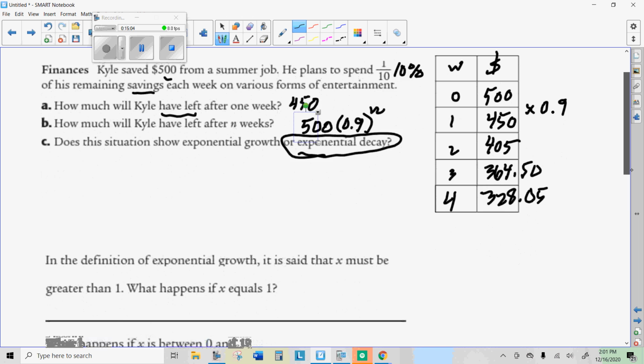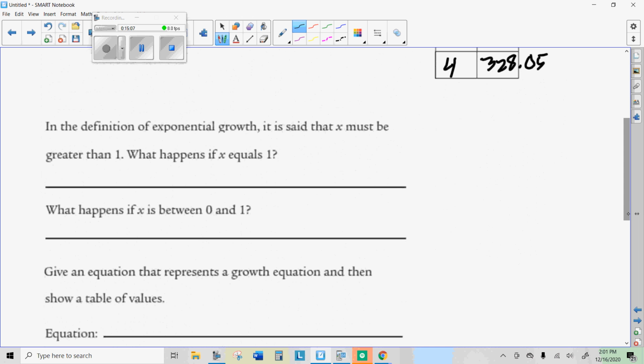Okay? So in the definition of exponential growth, it is said x must be greater than 1. So what happens if x is equal to 1? So what they're talking about is this equation. Exponential growth will look like this: y is equal to some starting amount times your growth factor to some power.